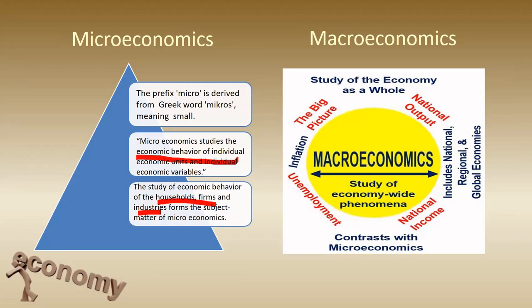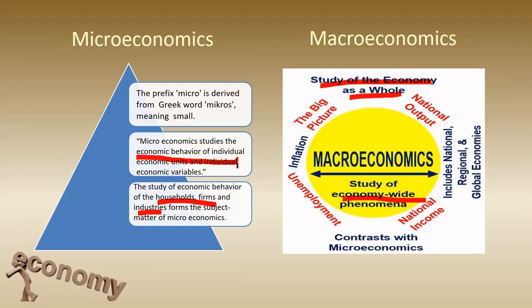All these come under microeconomics. Whereas macroeconomics means the study of economy-wide phenomena. This includes national, regional and global economies, that is national output, national income, unemployment and inflation. So it studies the economy as a whole. That is the difference.